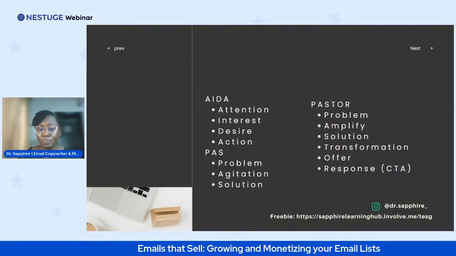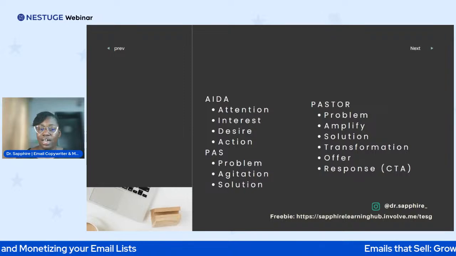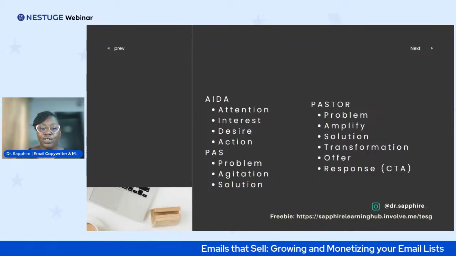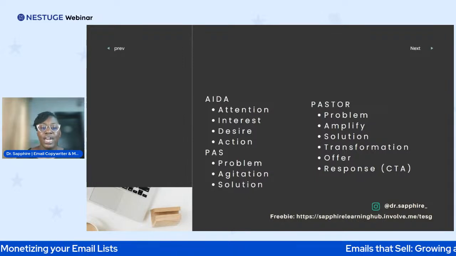We have the AIDA formula where we look at attention, interest, desire, action. We also have the PAS formula where we're looking at problem, agitation, solution. And of course, the PASTOR formula where we have the problem, we're amplifying it or also agitating. Then we're bringing in the solution, the transformation.